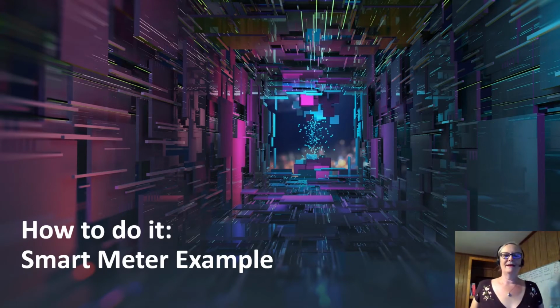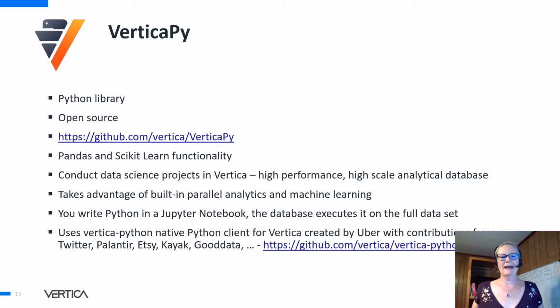So let's get to the meat of it, and let's dive in and actually look at an example. This is an example that is available online. We're going to use a Python library called VerticaPy. Under the covers, it uses a client API called VerticaPython, which Uber, Twitter, Palantir, Etsy, Kayak, and Good Data, a lot of folks, have contributed to.